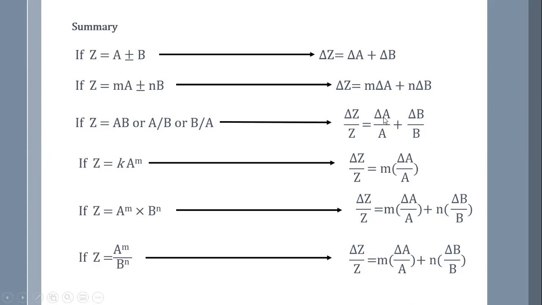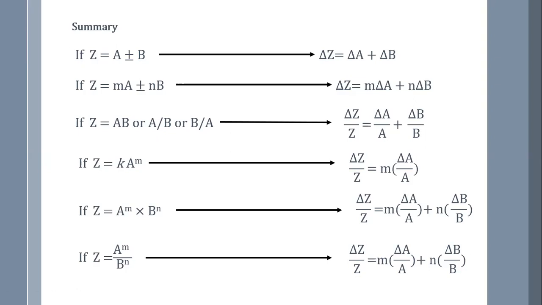Changes of Z over Z equals changes of A over A plus changes of B over B. If it's times, just put it over the value, over A, over B, over Z. If Z equals A divided by B, same formula. Multiplication and division are the same group, so the uncertainty uses the same formula, just over Z, over A, over B.